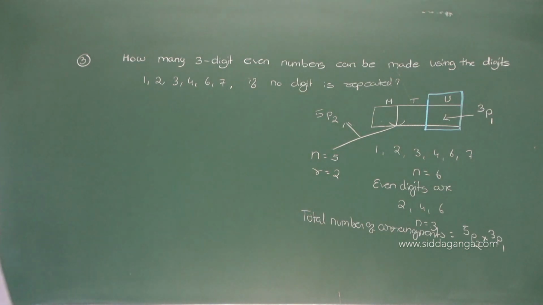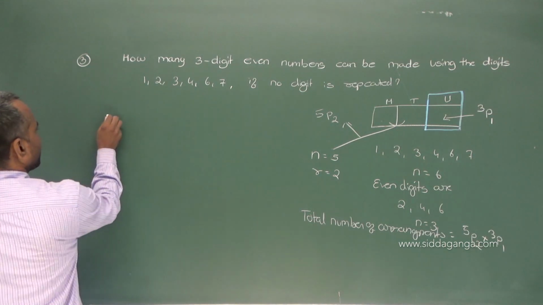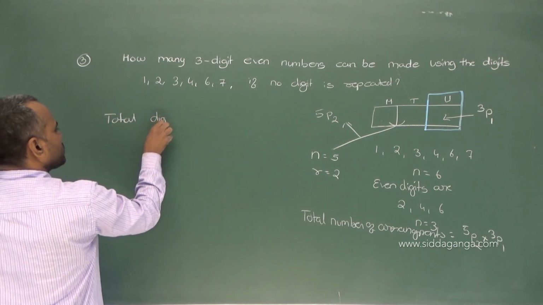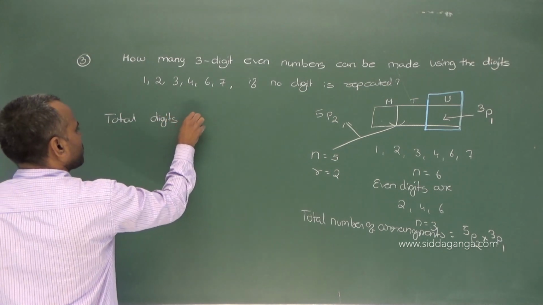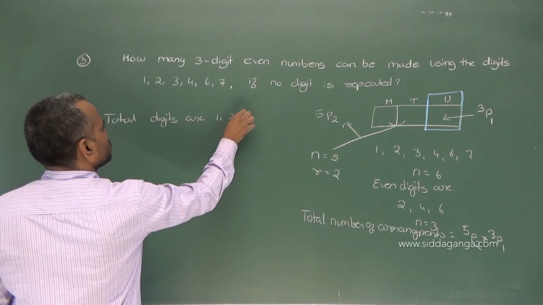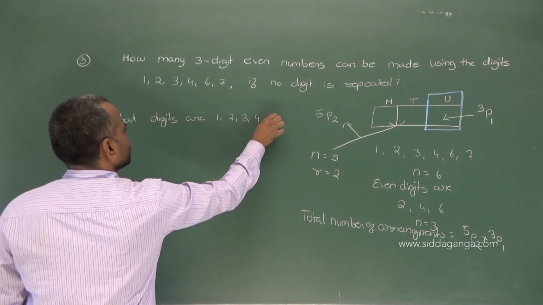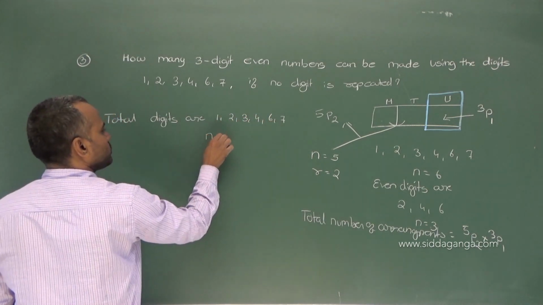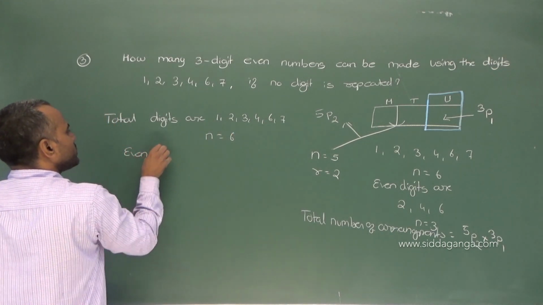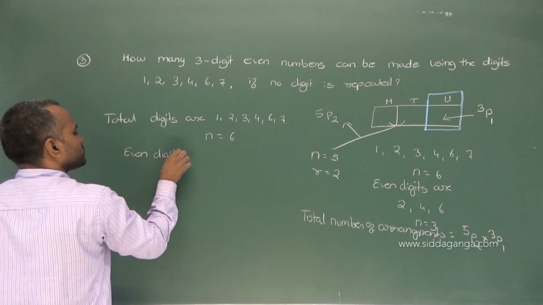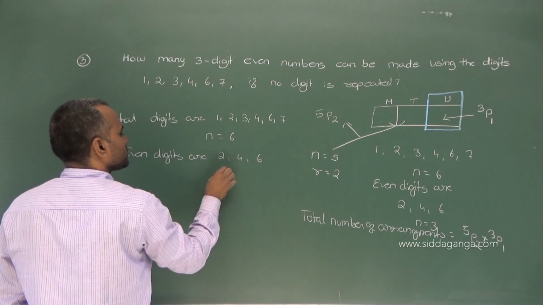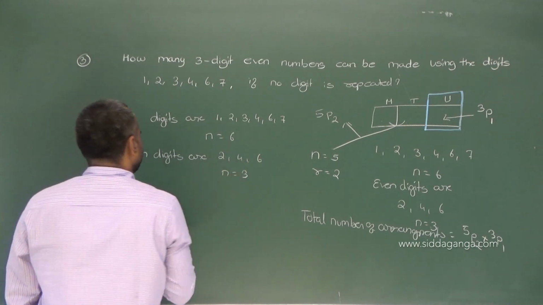Firstly, the total digits are 1, 2, 3, 4, 6, 7, so n is equal to 6. The even digits are 2, 4, 6, so n is equal to 3.